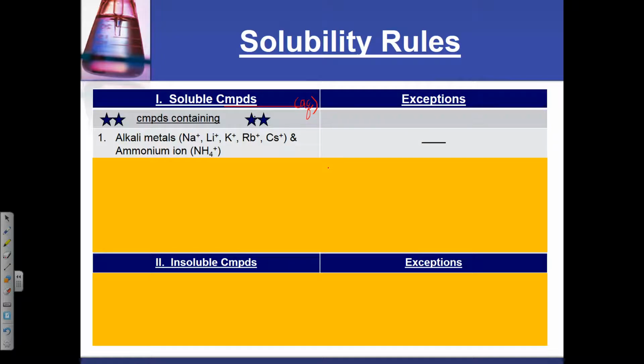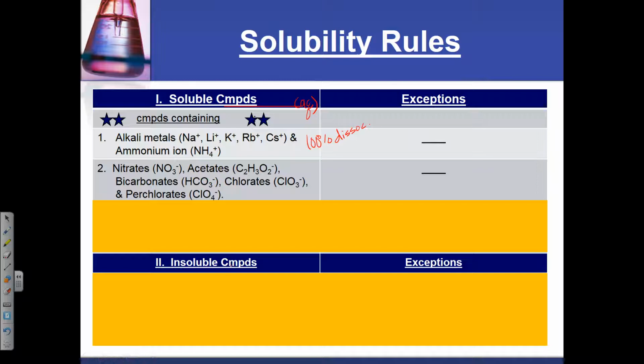These compounds, just like in the animation we just looked at with the sodium chloride, 100% ionize in solution. So they have a 100% dissociation in solution, and they will all be aqueous.